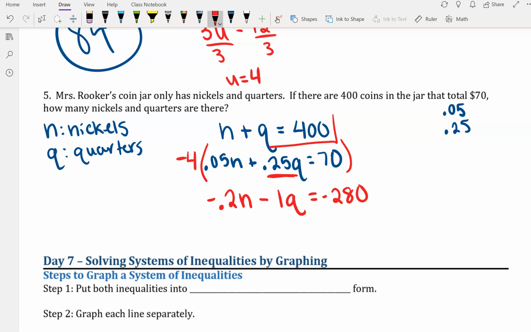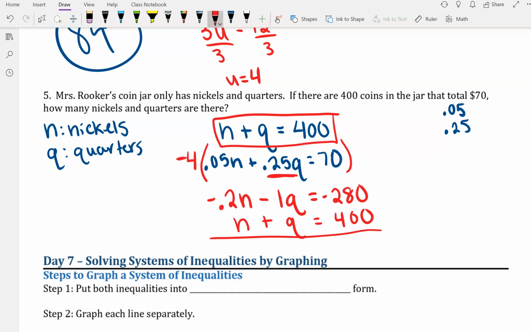Then I'm going to add that, or combine like terms, with my first equation. Remember, this is 1n here. So 1n minus 0.2n is going to give us 0.8n. The q's cancel. And then we have 400 minus 280.